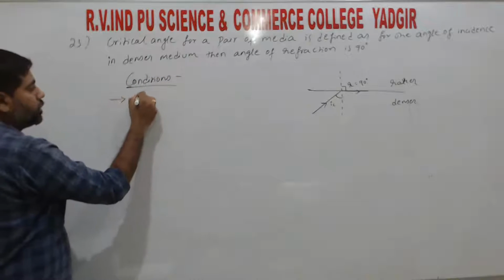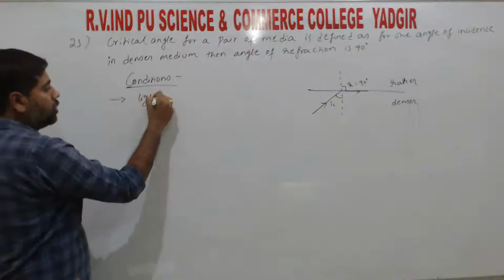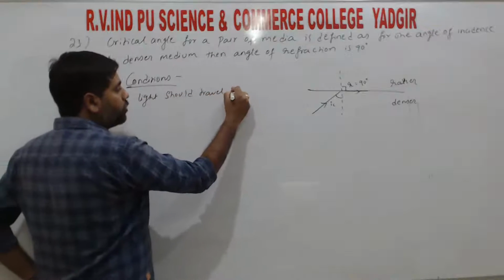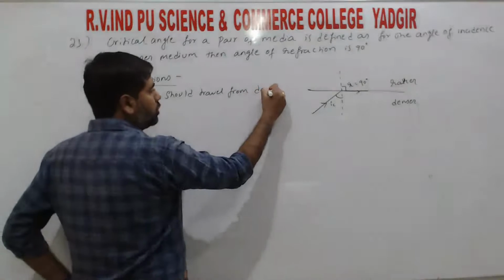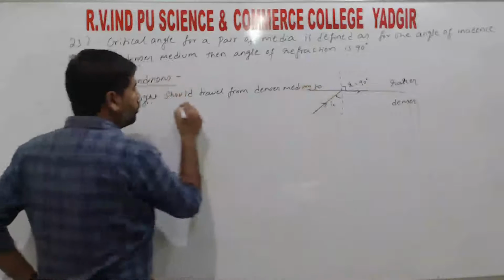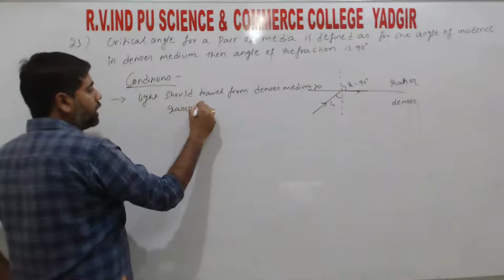So the conditions: first, light should travel from the denser medium to the rarer medium.